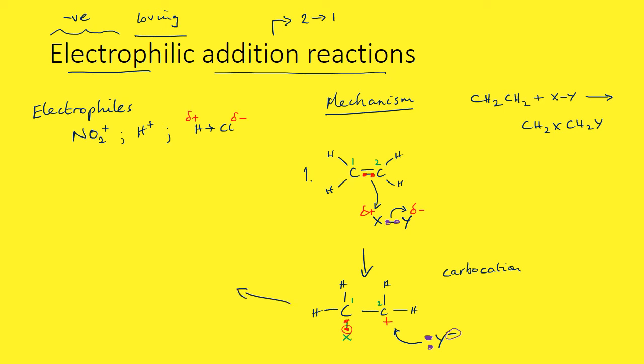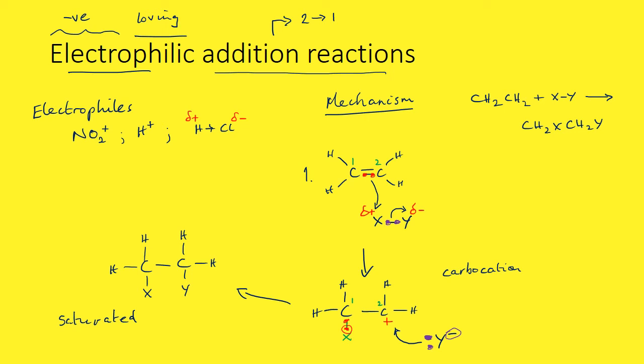The final product is now drawn like this, with X and Y there, and our original hydrogens as I've drawn them there. So overall, the XY molecule has been added to the alkene across the double bond, and it's now saturated. Okay, so that's the general mechanism for electrophilic addition.